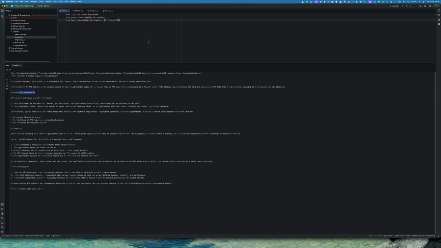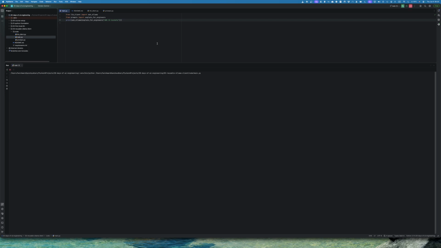API timeouts was the topic. Let us say we change it to something more common, say AWS S3 buckets, and ask it to give us the response. We are not tweaking anything with the prompt, so let us see if we get anything useful.